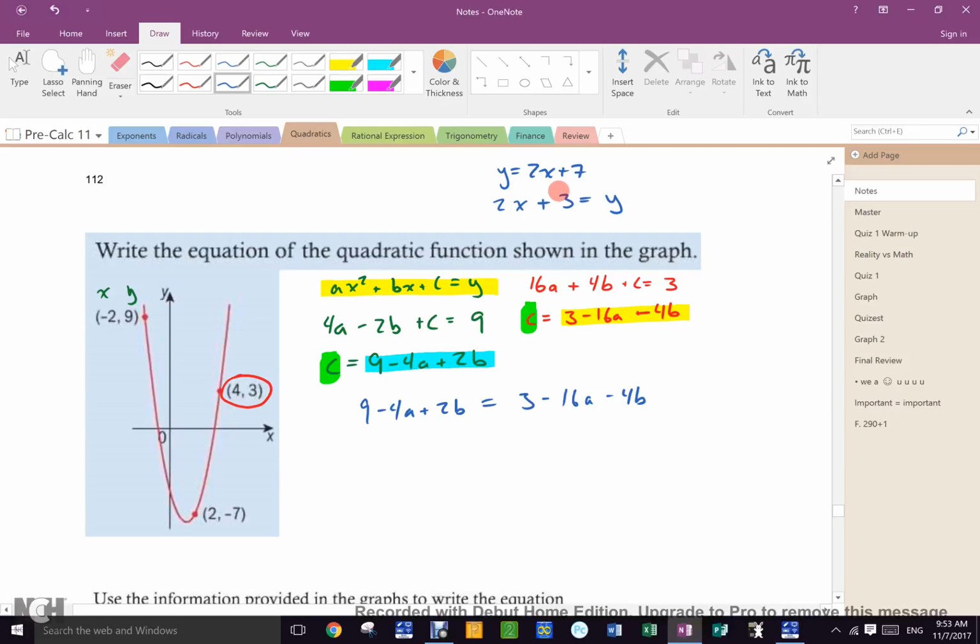Do you think we could do that here? Yay or nay? We probably could, yes? Does anything eliminate there? Yes or no?